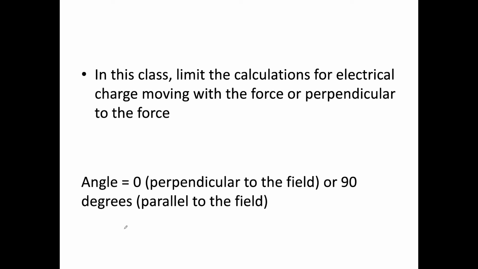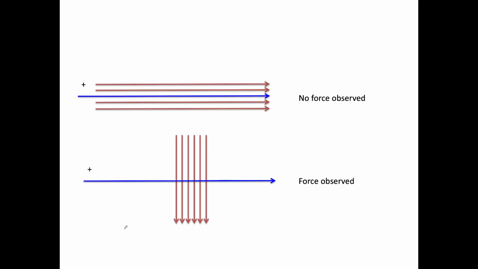And so in this class, what we're going to do is limit the calculations for that electrical charge moving perpendicular to the field. So we're going to look at one of these two. If it's parallel to the field, the magnetic force is going to be 0.